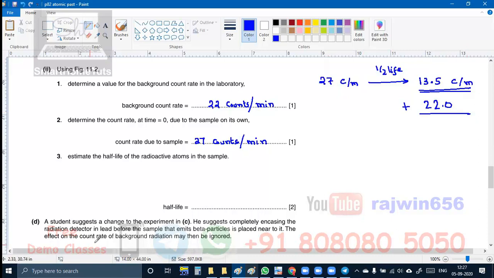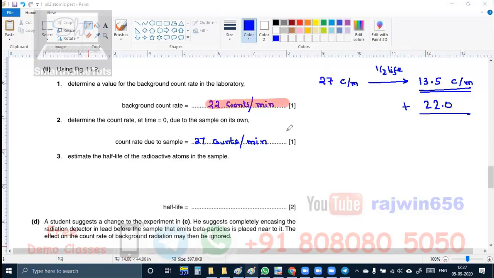Just listen to the explanation once again. 22 counts per minute is background radiation. Without background radiation, only because of the radioactive substance, it is 27 counts per minute. After one half-life, it is going to become half of this, which is 13.5 counts per minute.